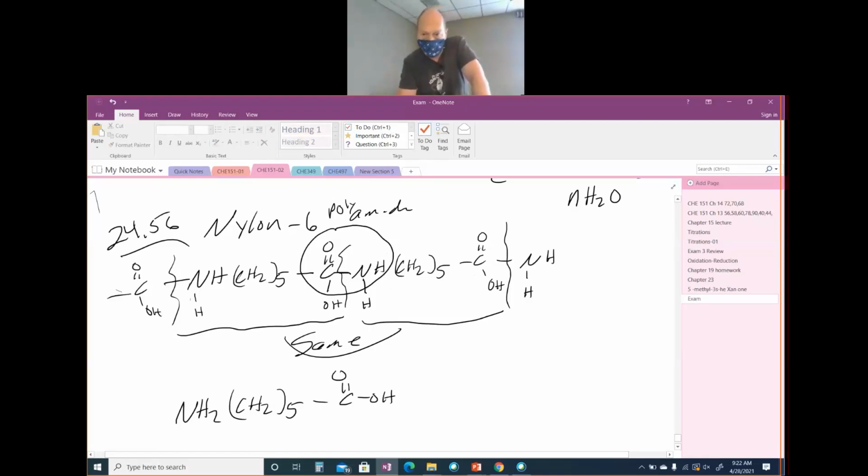And if you would write it again with this second one, you would write exactly the same thing. And so this simply polymerizes by itself. That molecule, many of those molecules will polymerize, and it will form nylon 6.